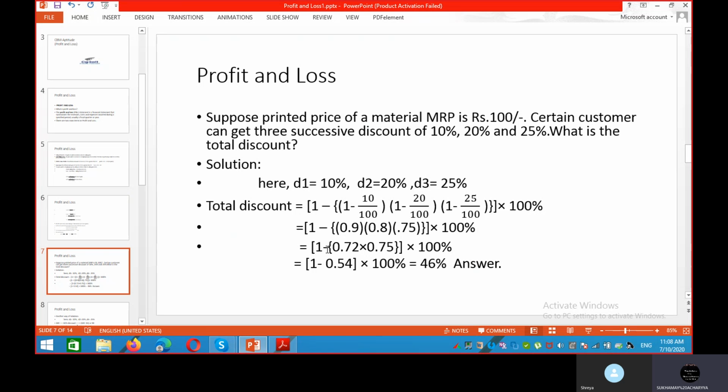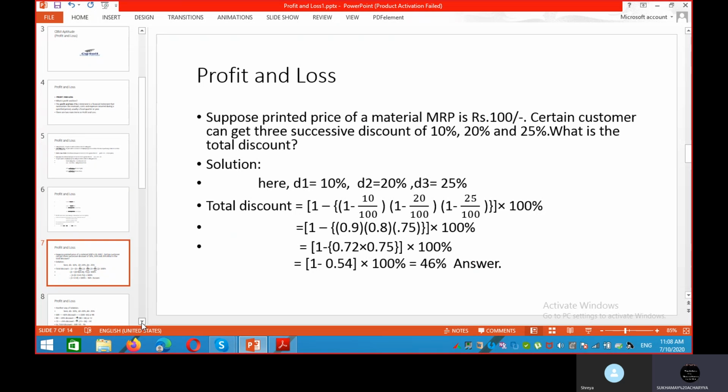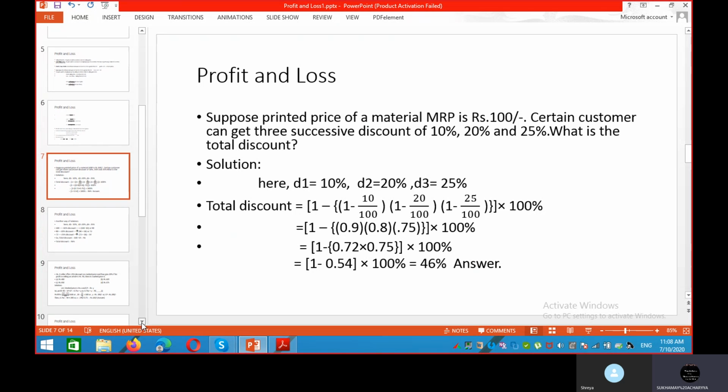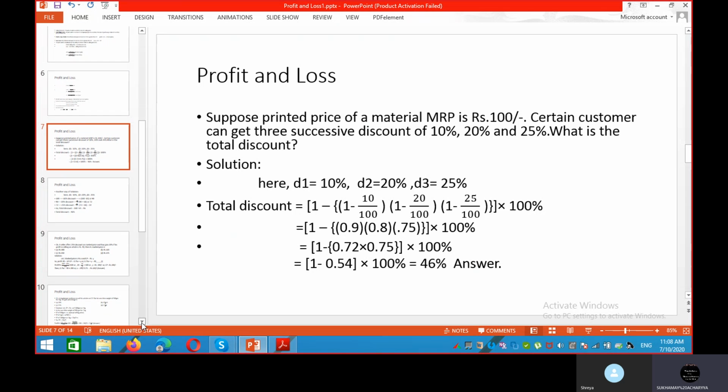That is equal to 1 minus 0.72 into 0.75 into 100%. That is equal to 1 minus 0.54 into 100%. That is equal to 46%. This is the answer. So we are using here the direct formula of successive discount.